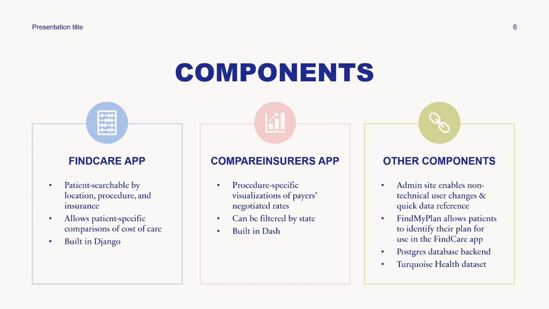And Django is object-oriented in its backend. It uses objects called models in order to fill out a database with all of this information. And that took probably the bulk of my time. I'd say probably about 4 weeks of development time was devoted to the Find Care app backend, and then another 1 week to actually build the searchable front-end portion.